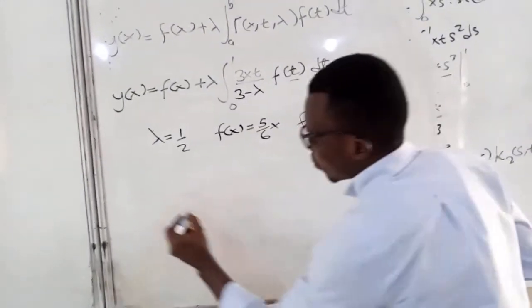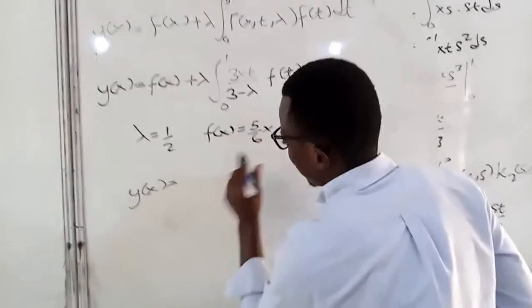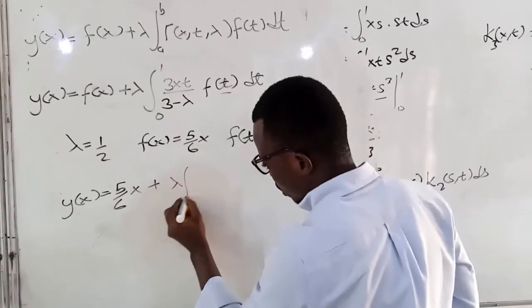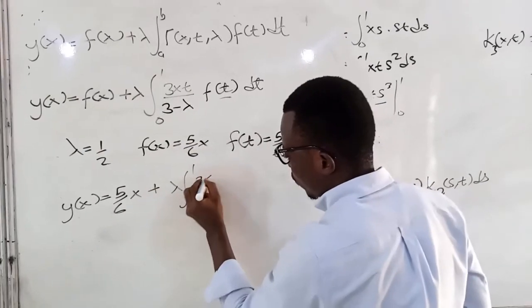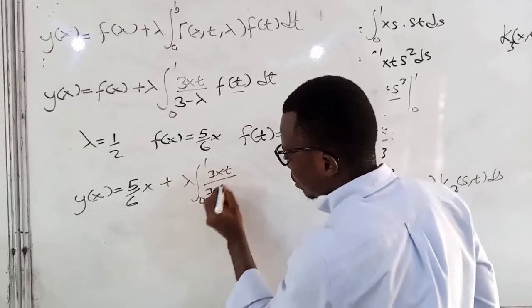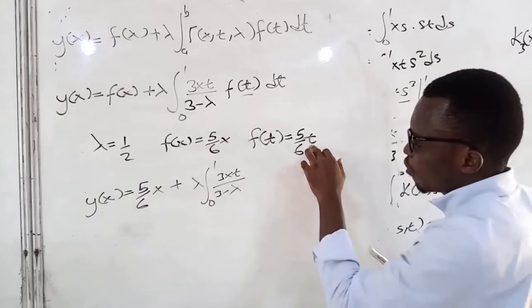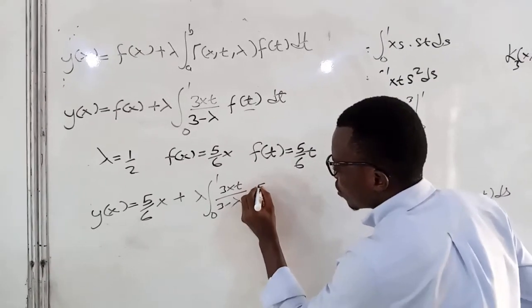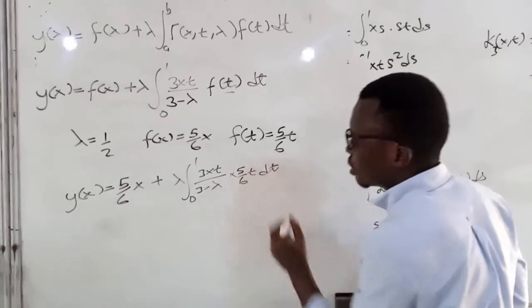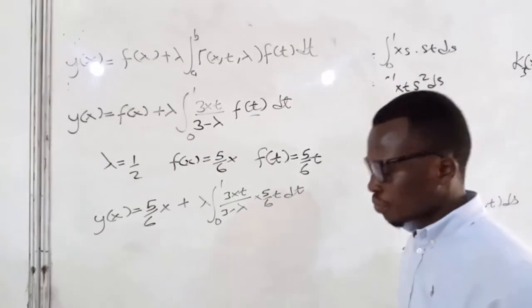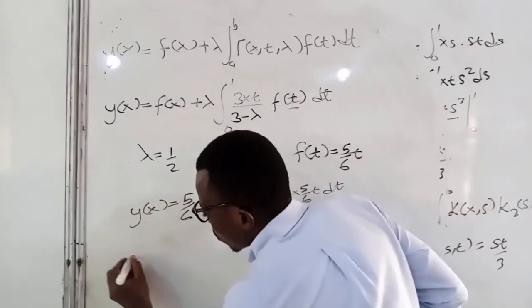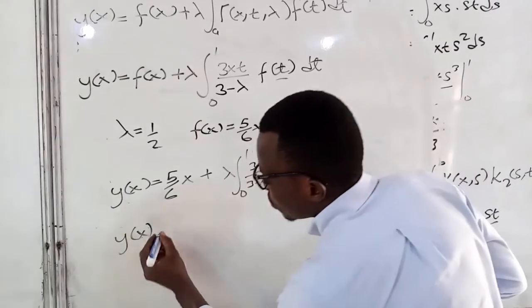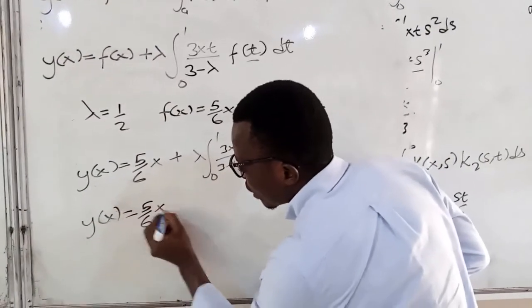I'm going to have y of s equal to 5 over 6 s plus lambda integral from 0 to 1 of the kernel 3st over 3 minus lambda, times 5 over 6 t dt.